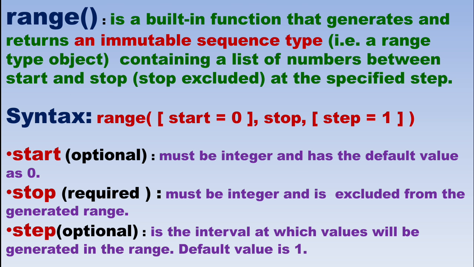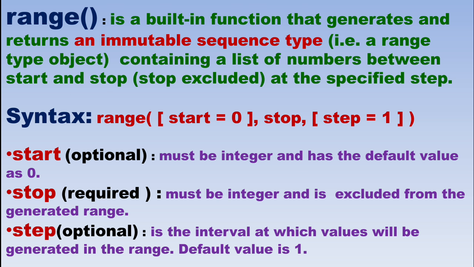Now see, this is a function in which you pass three arguments. First is start. Basically this function will produce a range of values. You have to specify the starting point, ending point and the step.